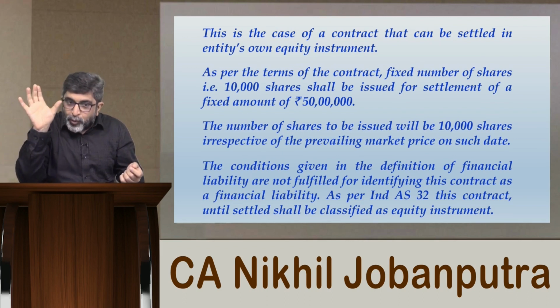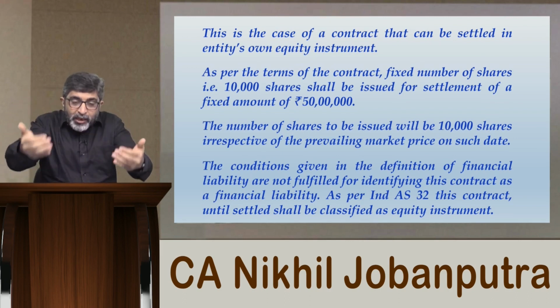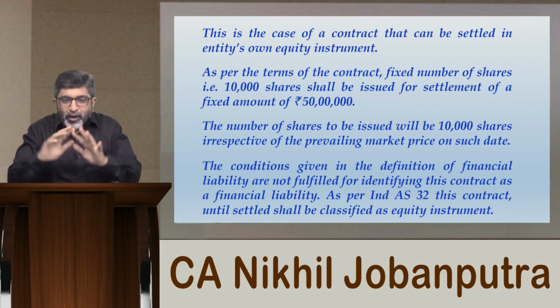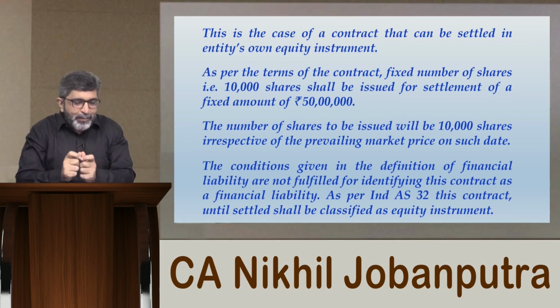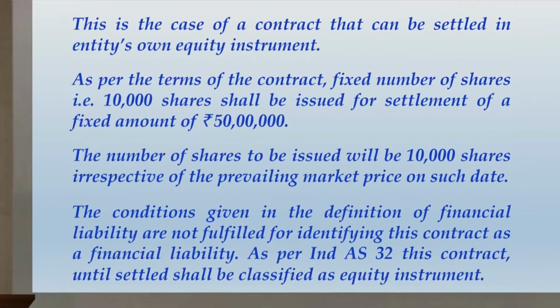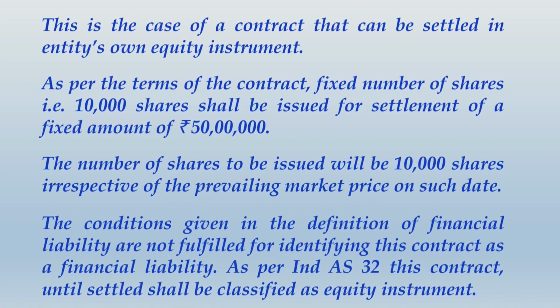So instead of reporting that as a financial asset, you will better show it as a reduction from the equity. So what I will do is, I will structure this example in the form of a question and solution. So please focus again on the questions given in your book. Let me put forward this as one of the questions over here.